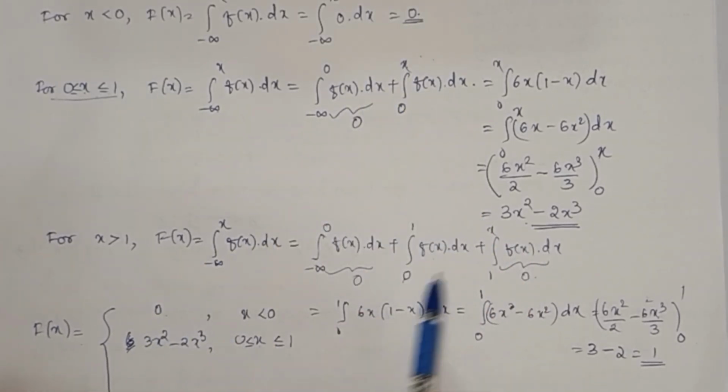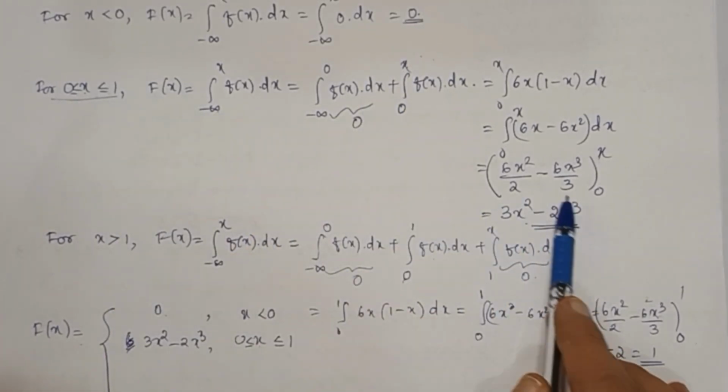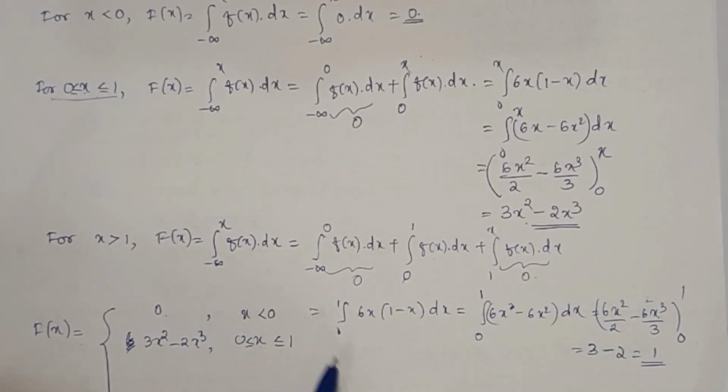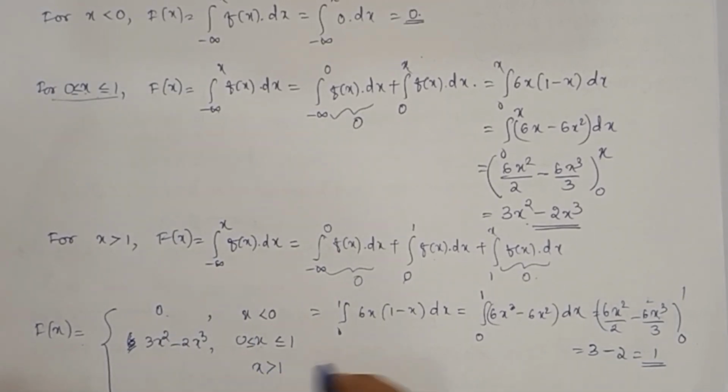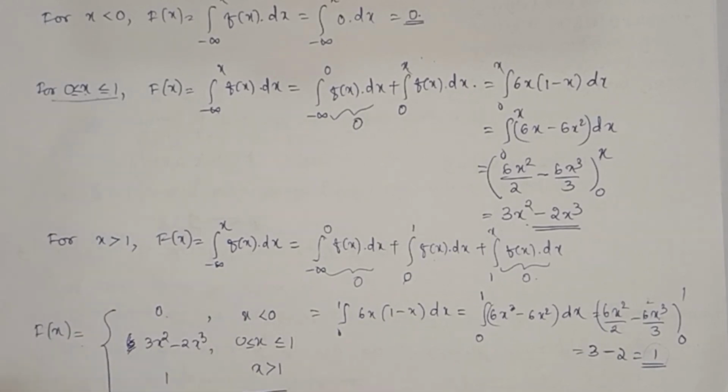If x is in between 0 and 1, the distribution function is 3x square minus 2x cube. If x is greater than 1, in that case the distribution function is 1. This is how we calculate the distribution function for a continuous random variable.